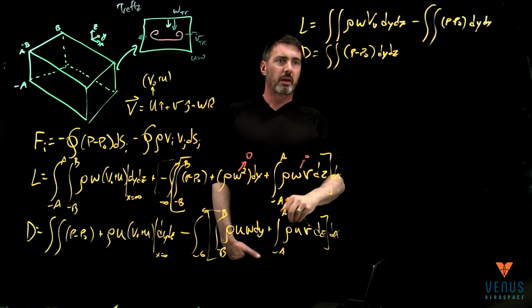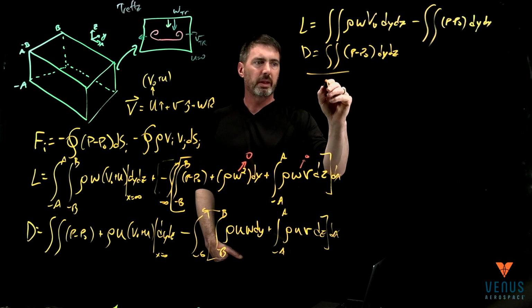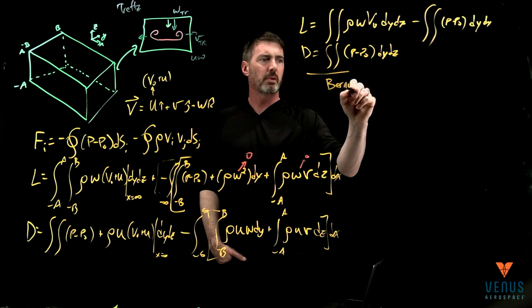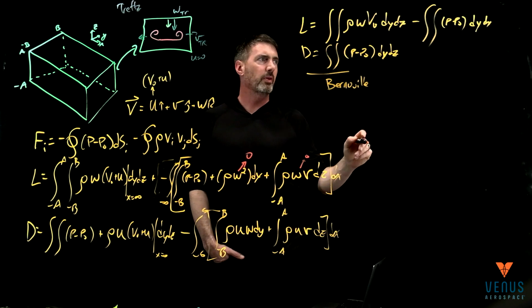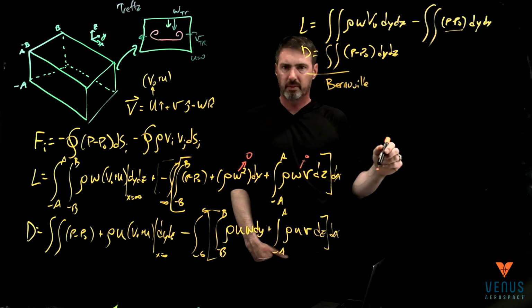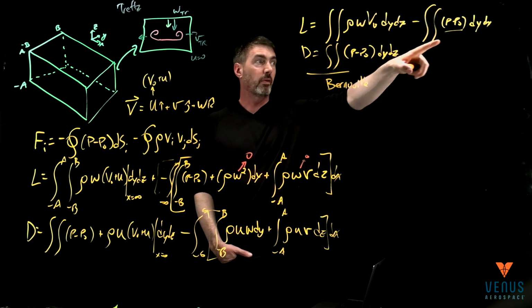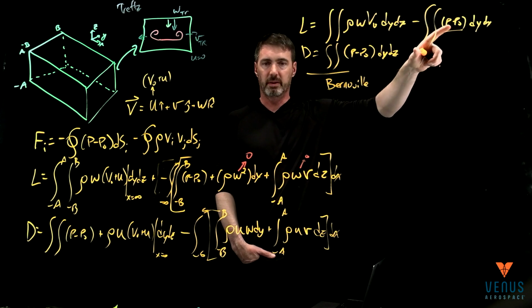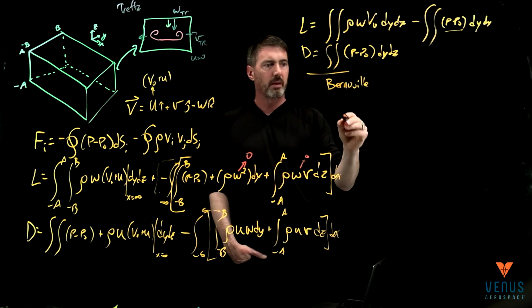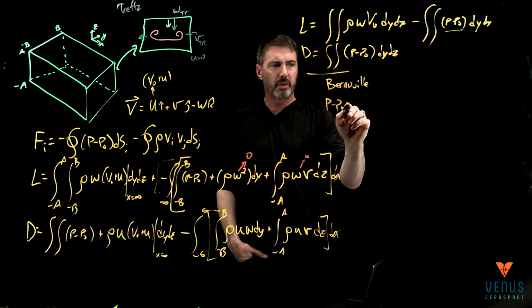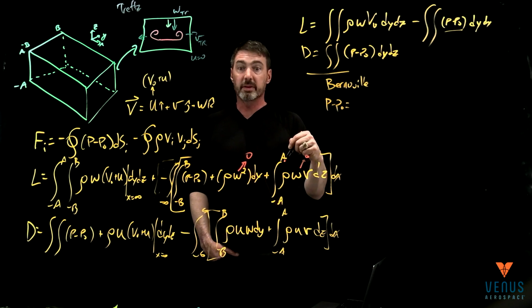Okay? So now we need to actually turn to Bernoulli. And from Bernoulli, we're going to get a relationship between P minus P0 for this term on the lift side. And so going to Bernoulli, and this is a bit what I did in the other derivation.